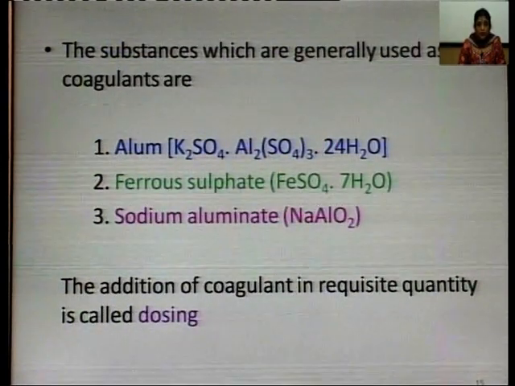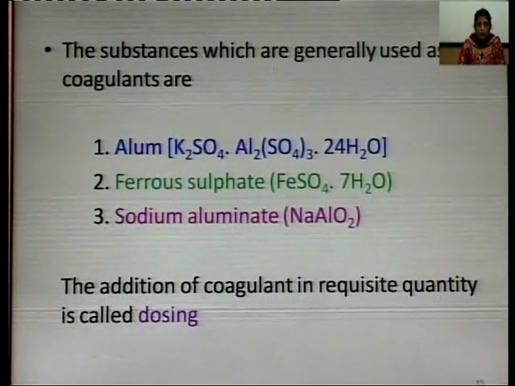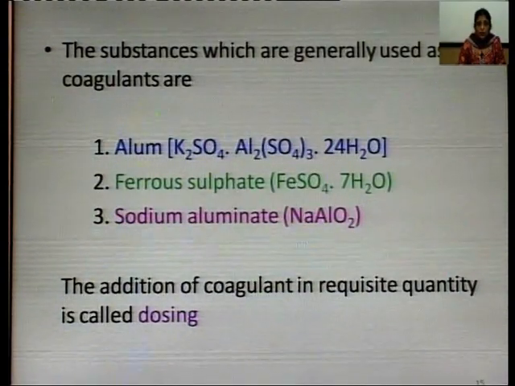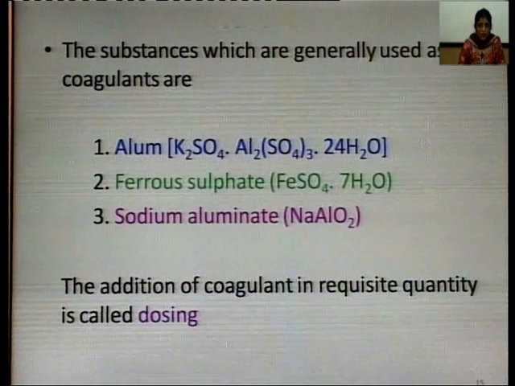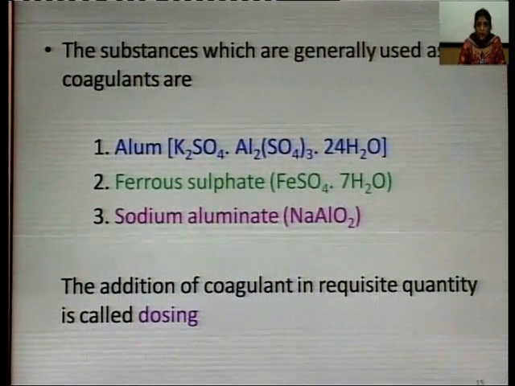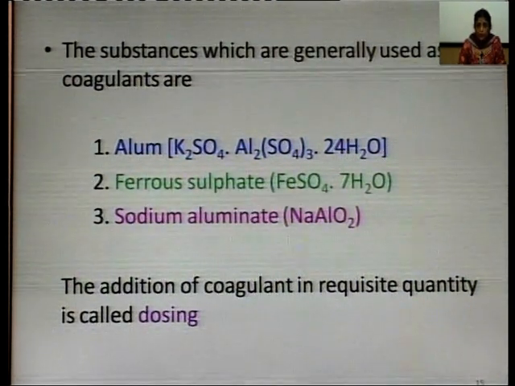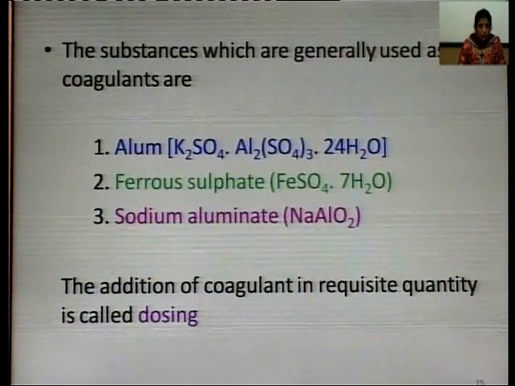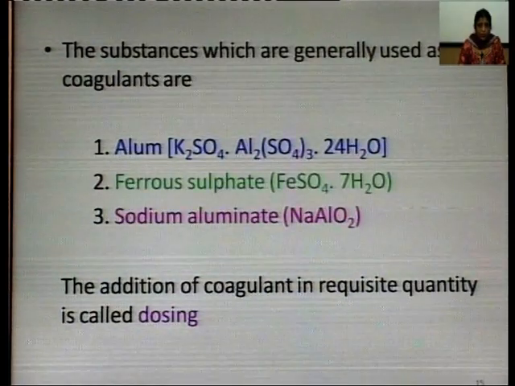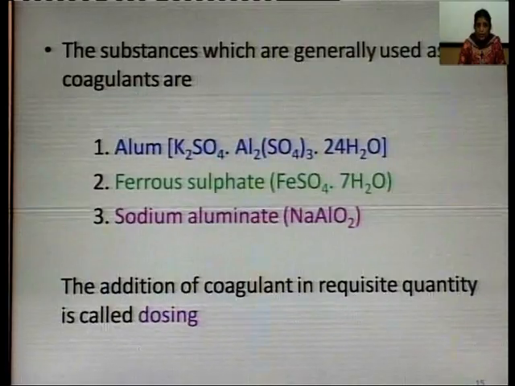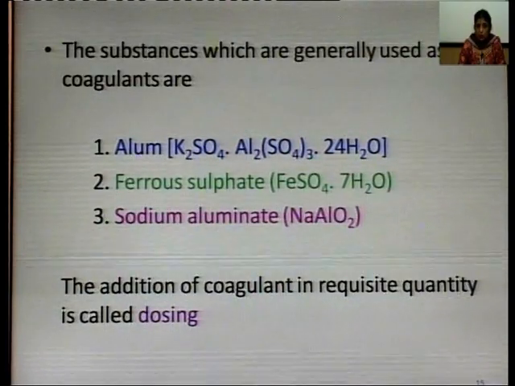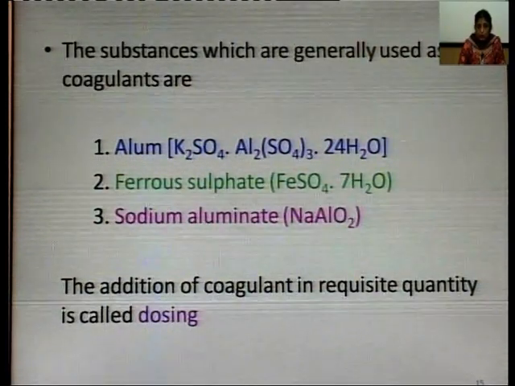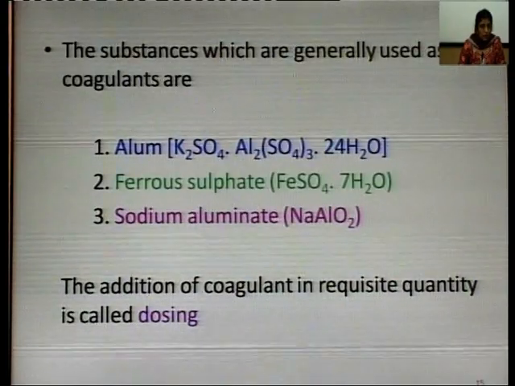The chemicals which can be used as coagulants are certain. Number 1, alum, a double salt of potassium sulphate and aluminum sulphate. The formula of alum is K2SO4.Al2(SO4)3.24H2O.